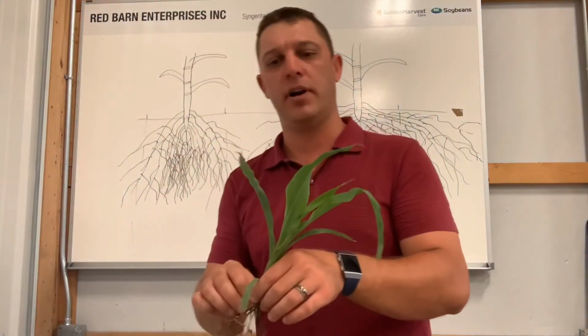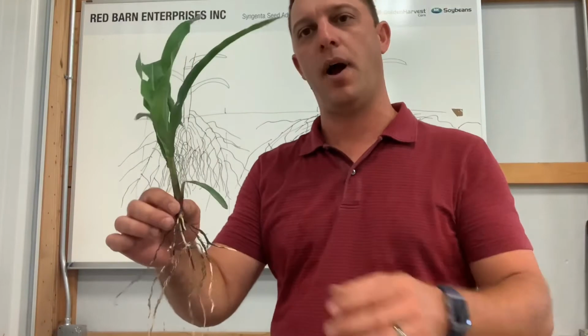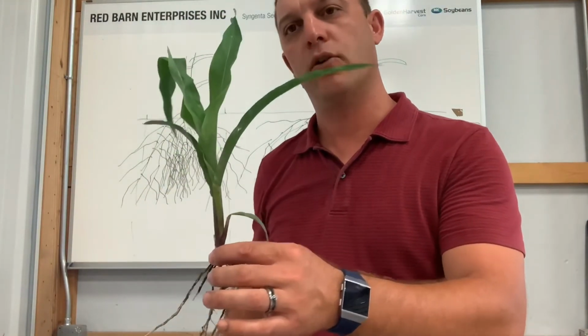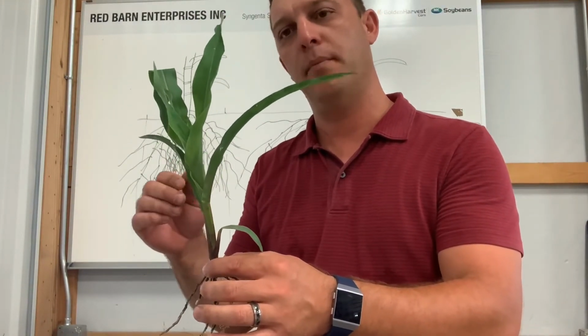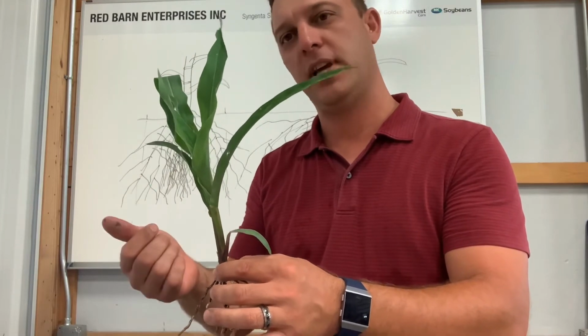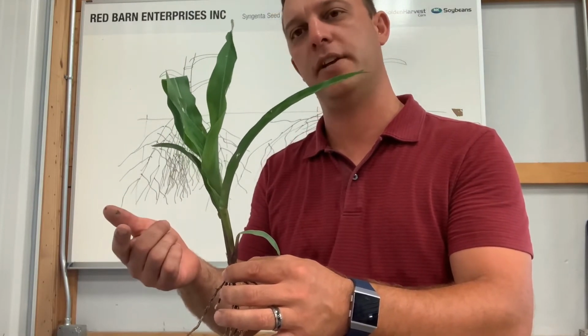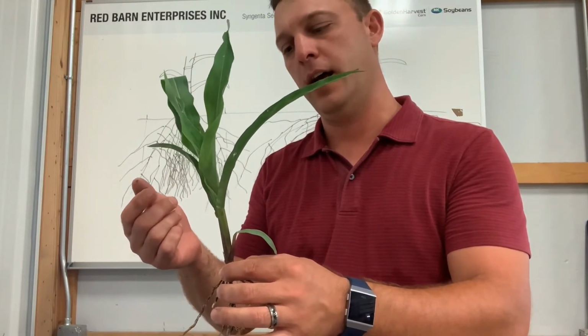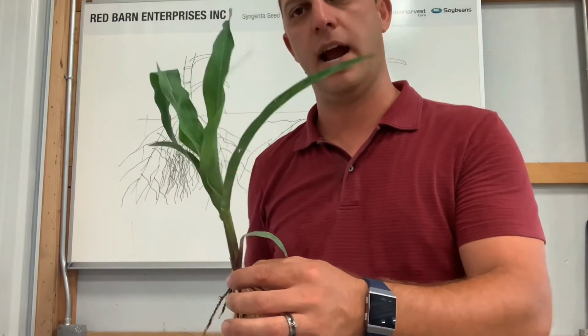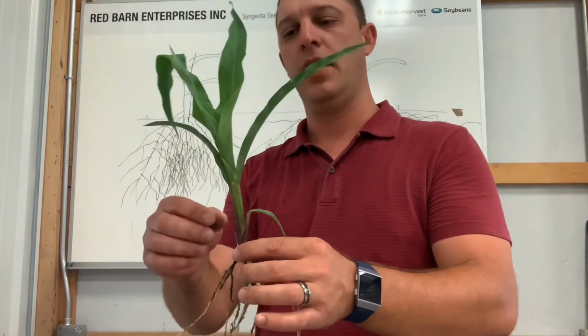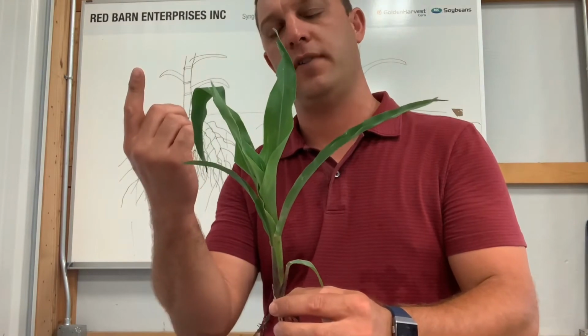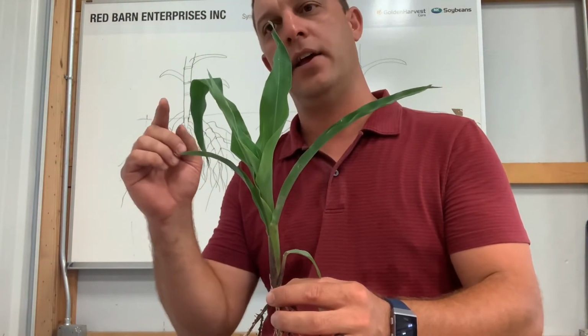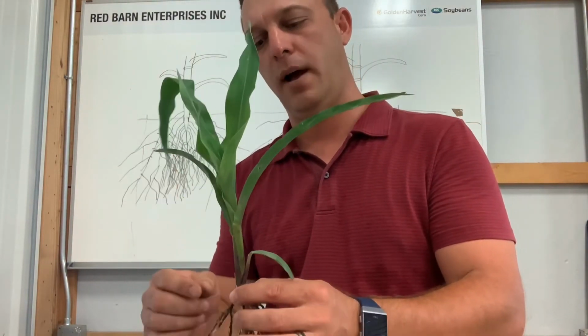The last thing I want to visit with you about today is how to properly growth stage your corn in order to make decisions, management for herbicide applications, fungicide applications, and foliar fertilizer applications if that's in your plan. So when the corn first emerges from the soil, it has a seed leaf called the coleoptile on it.